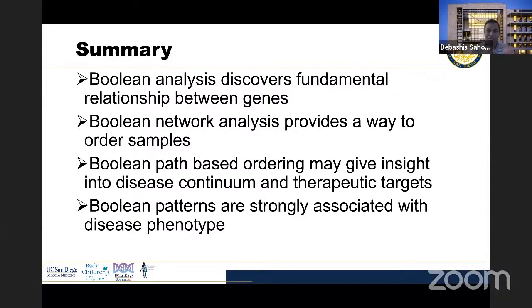The analysis provides a way to order samples. If you have normal and disease samples, you could come up with an ordering between them, and this ordering will give us insights into the disease continuum, and also therapeutic targets. We see that these patterns are very strongly associated with disease phenotypes.